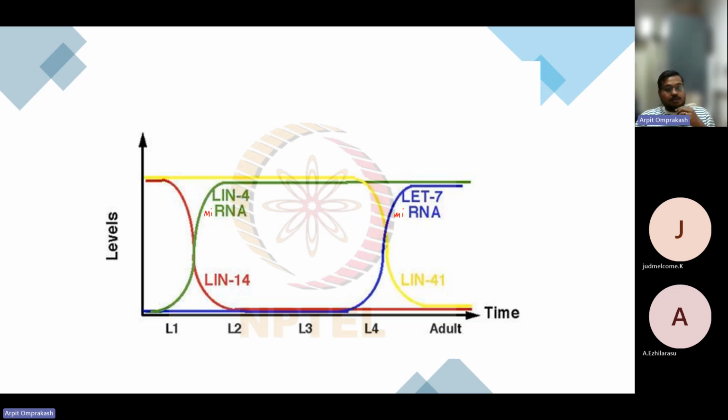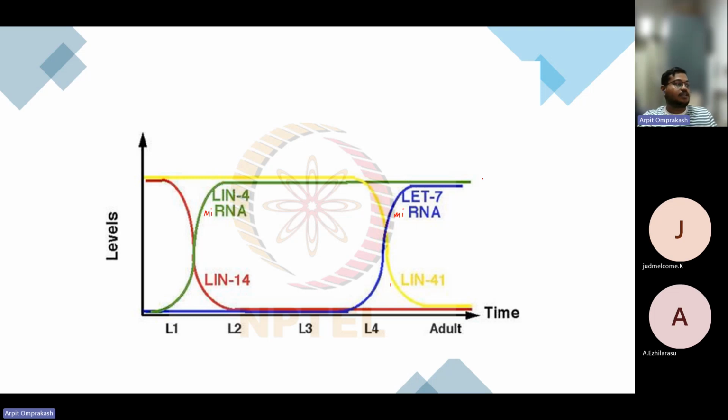So the Lin14 protein stops being produced, and the C. elegans progresses into the next stage of life, L2. Similarly, from L4 to adult, the LET7 microRNA is triggered, which reduces the production of Lin41, which leads to the adult phase.